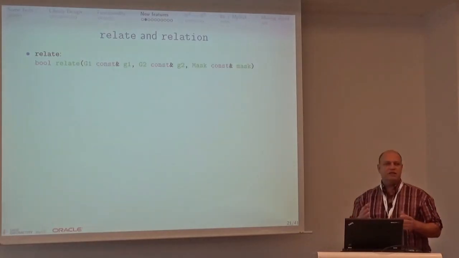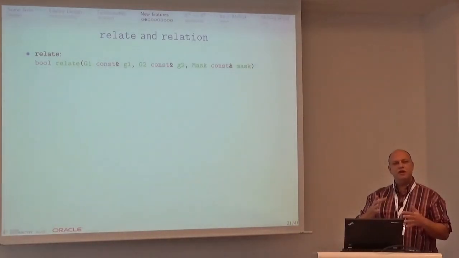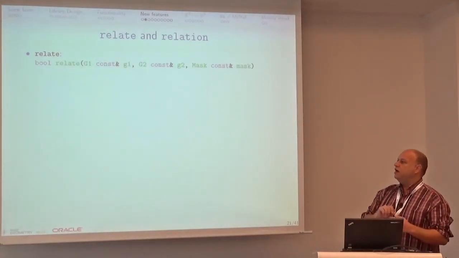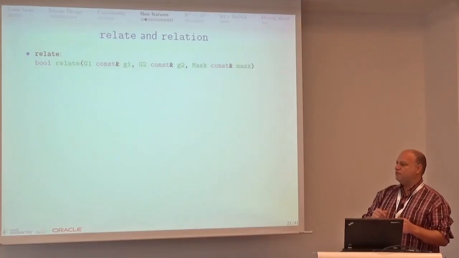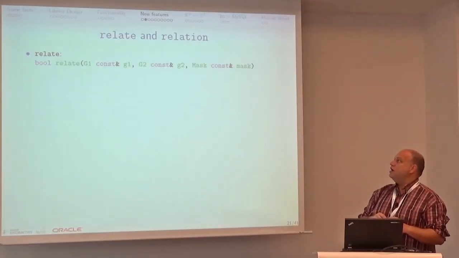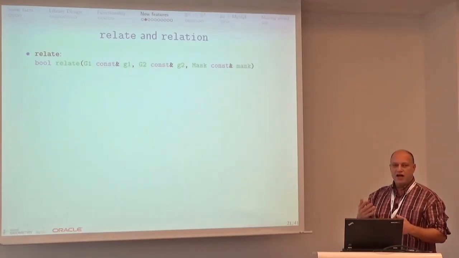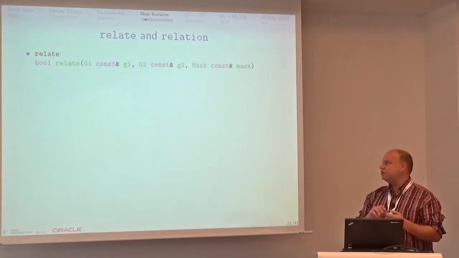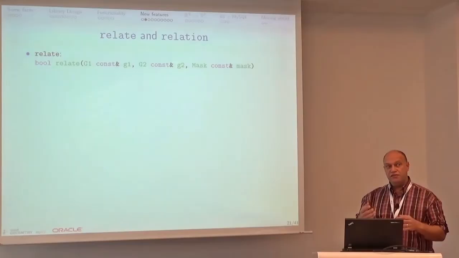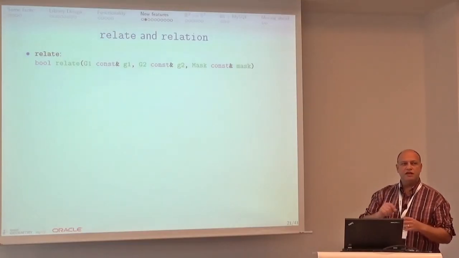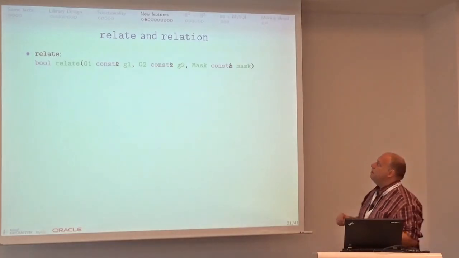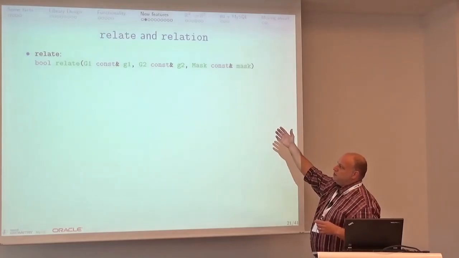And this matrix can have entries -1, 0, 1, 2, which are dimensionalities of the intersections of these different aspects of the geometry, the boundary, the interior, the exterior. But it can also have a different representation, which is through true and false. Or you can think of it in terms of its signature, which is a 9-character string. So what does relate do?